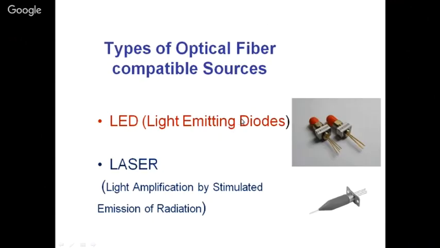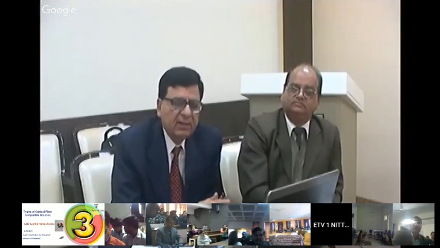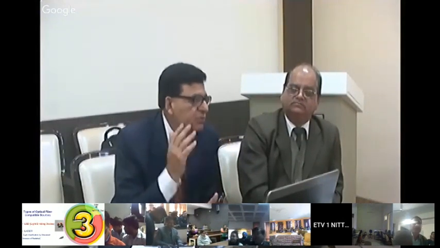Very fast, they developed light sources in the 1310 nanometers also. And see the beauty of nature: optical fiber has minimum dispersion at 1310. So dispersion was low, loss was low. So there was a big effort by AT&T and Bell and other companies. They pushed it so that they could get sources in this region.